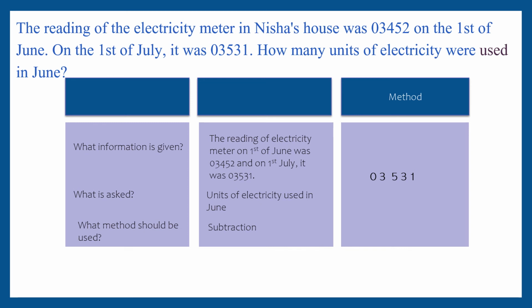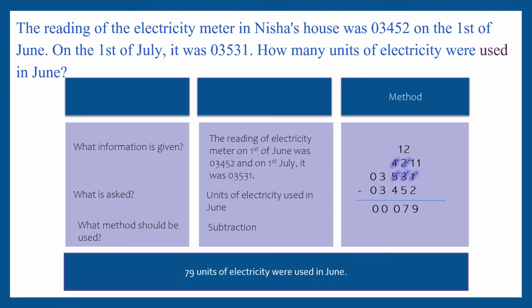So we will solve the sum in the third column. 3531 minus 3452. We will get the answer 79. So the final answer we will write in a statement. 79 units of electricity were used in June. Next example.